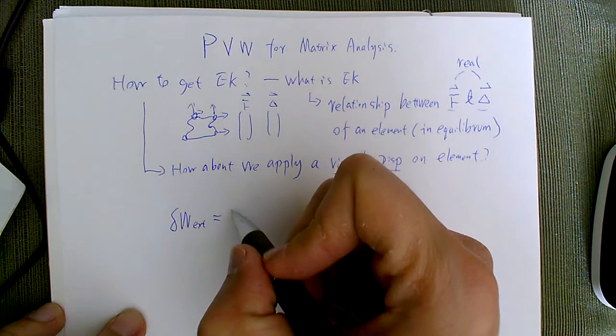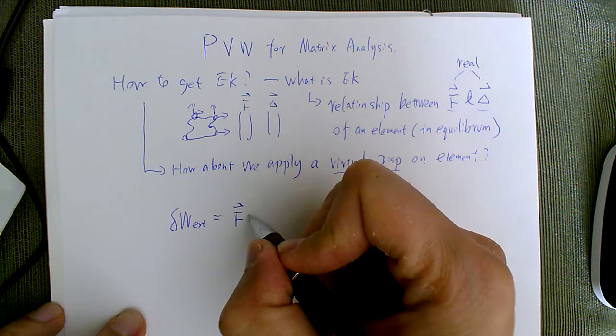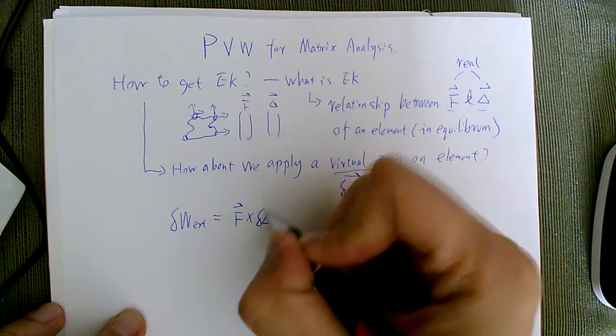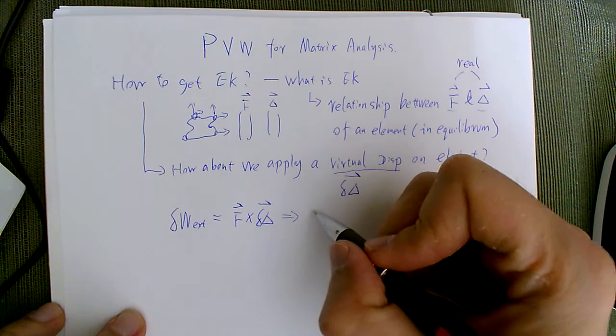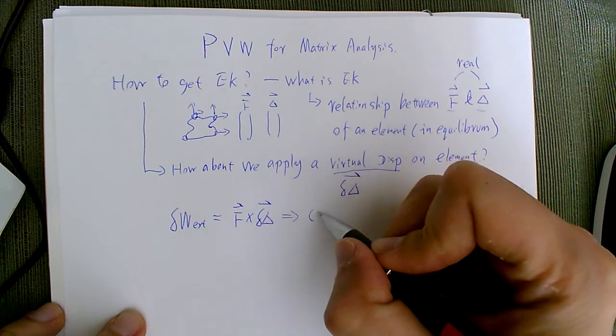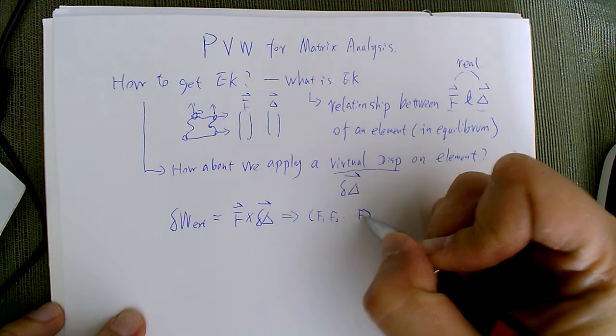So it's simply F times this. By times, what I mean is you need to flip your F this way, F1, F2, all the way.